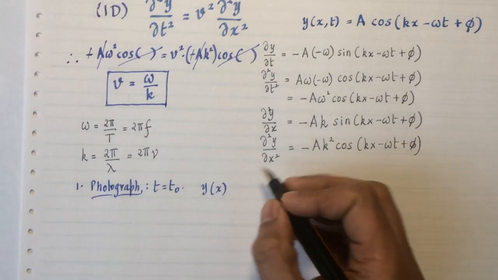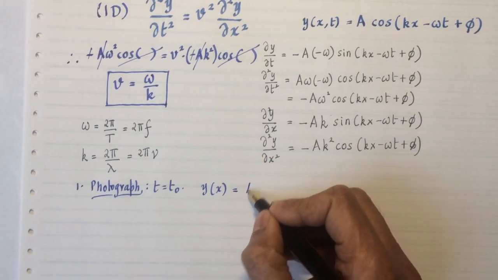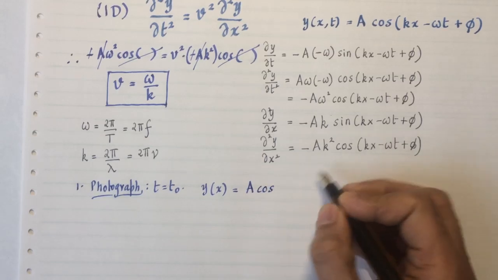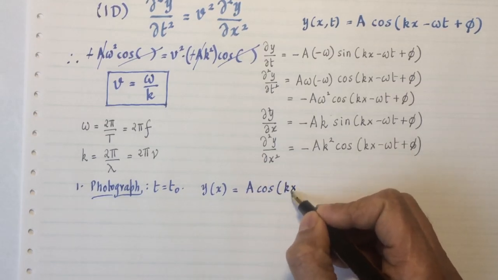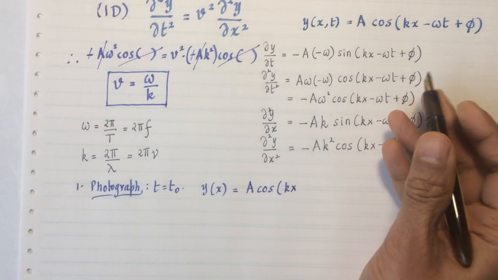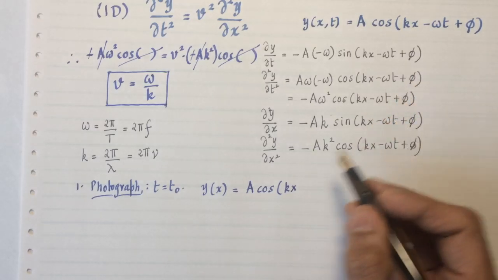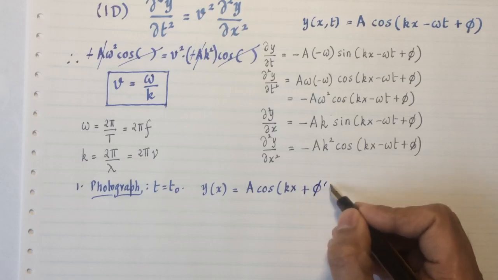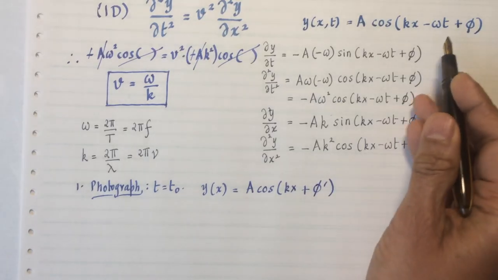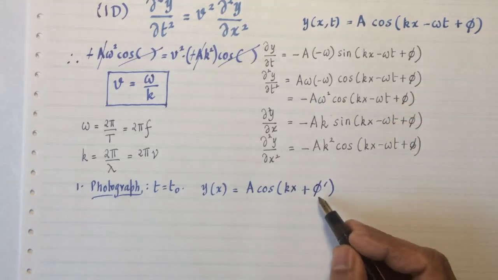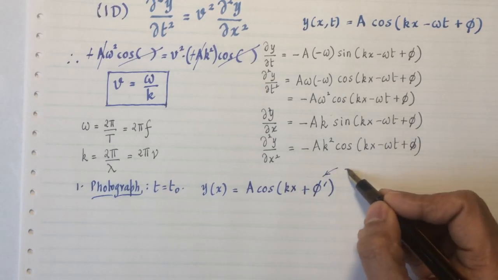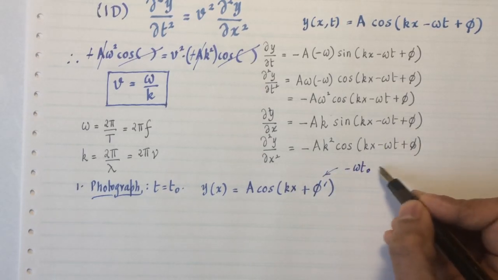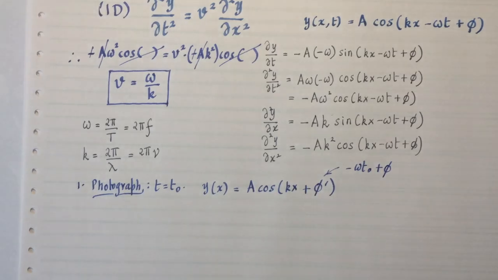It's no longer a function of time, and it's going to be a cosine of kx minus omega t naught, where t naught is fixed, plus phi, which I'll call a new phase, phi prime. So I can combine the negative omega t naught and phi into a new quantity called phi naught. Buried within phi naught is the old phase.